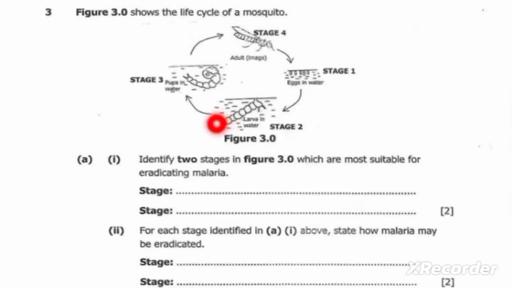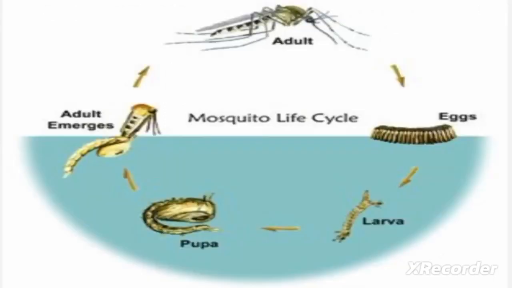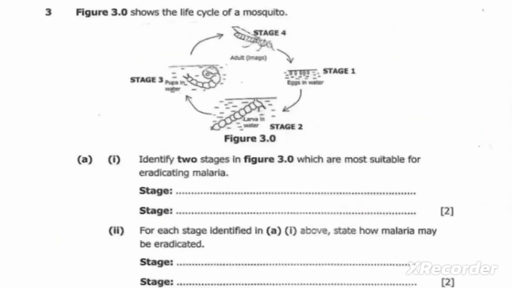Hence, the best stages here that we can use to eradicate malaria are larva and pupa. Therefore we are going to say stage 2, which is showing larva, and stage 3, which is showing pupa.